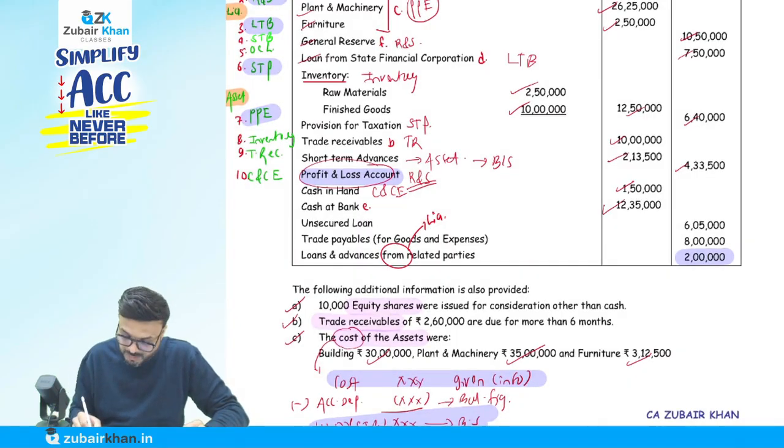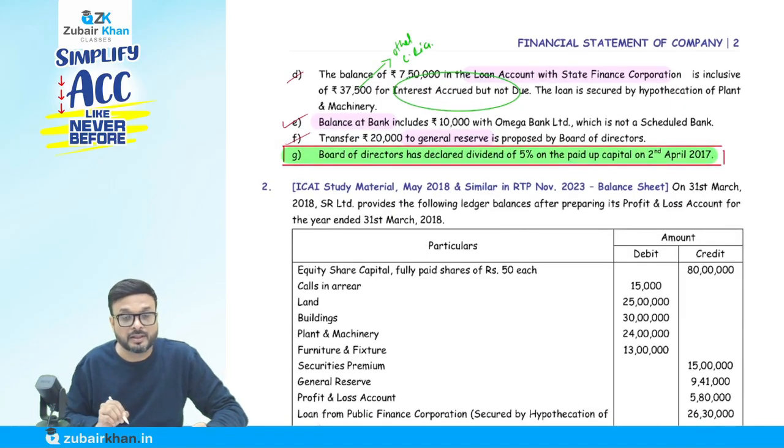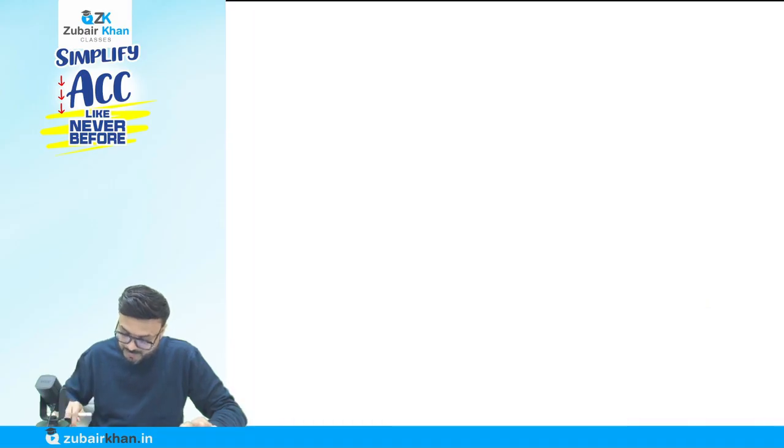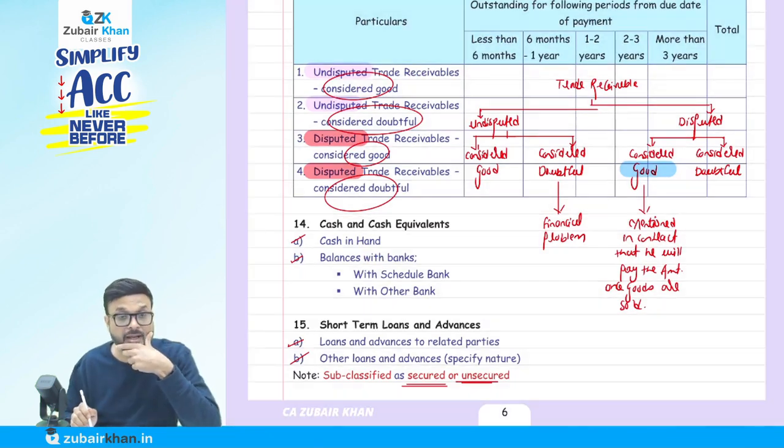But it is also a part of cash and cash equivalent, and they have mentioned something in point number E. Point E says the balance at bank includes rupees 10,000 with Omega Bank Limited, which is not a scheduled bank. Did you remember that I told you that when we discuss cash and cash equivalent, we have to mention the balance with bank, how much we have with a scheduled bank and with the other bank?